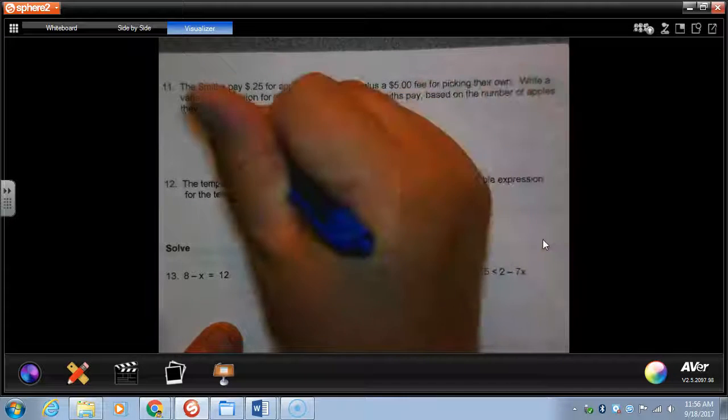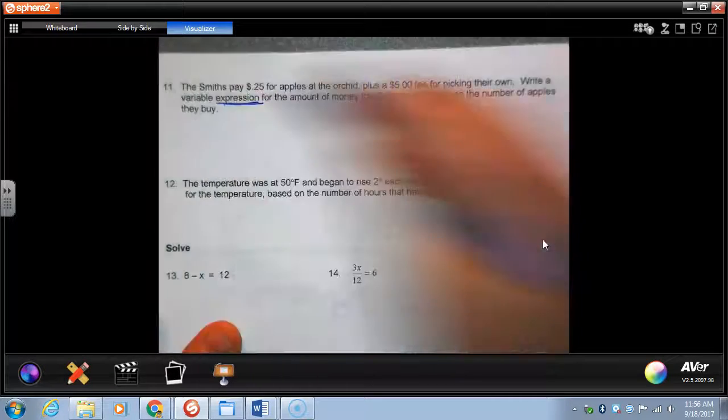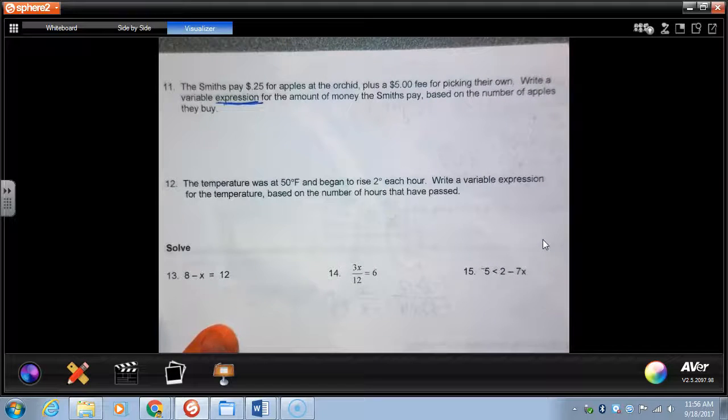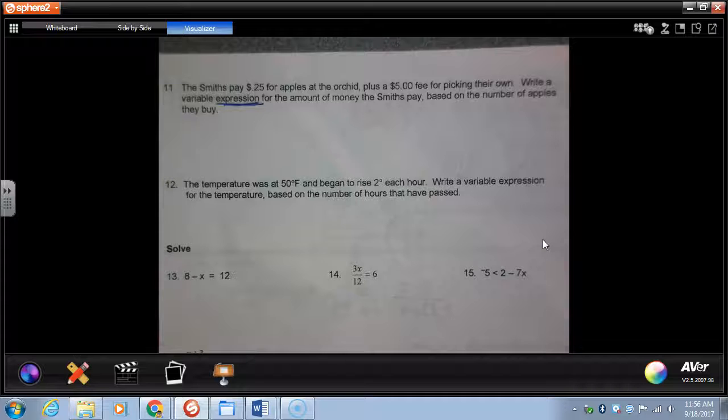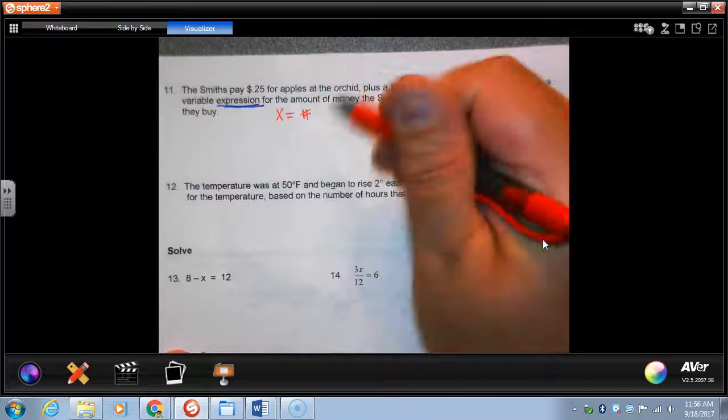Write a variable expression, so no equal sign, for the amount of money the Smiths pay based on the number of apples they buy. Okay, what is my x equal? That's right, the number of apples they buy.